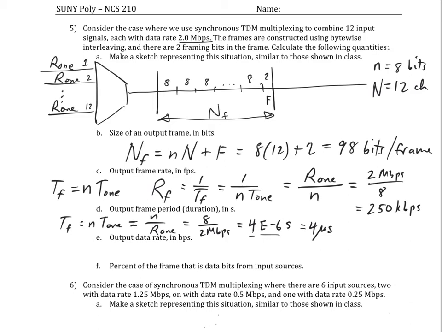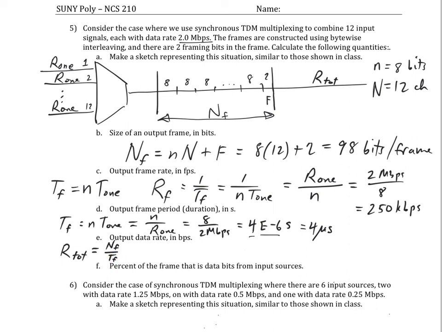The output data rate, so the total, or the multiplexed data rate, is given by knowing the number of bits in a frame and the time for one frame. So rate is bits per second, and we have the number of bits in a frame sent in the amount of seconds it takes to send a frame.